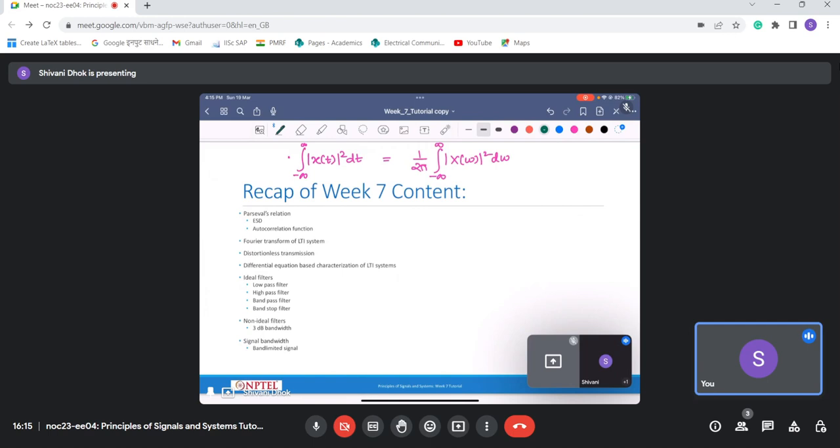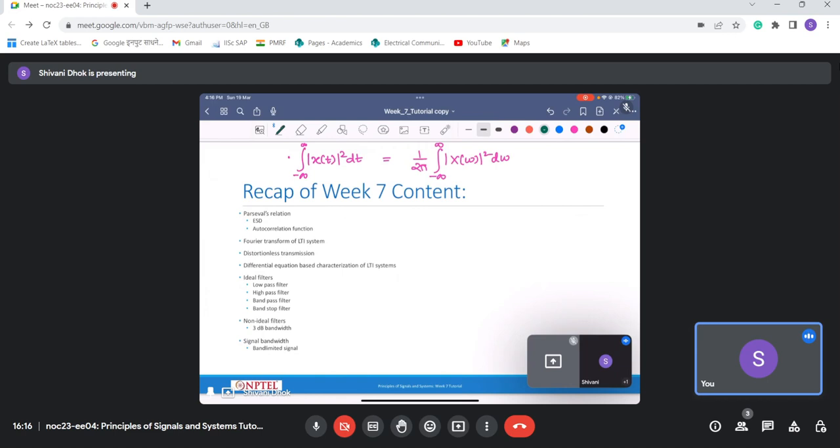This is known as Parseval's relation or Parseval's theorem, and it gives a very good relation between the energy in the frequency domain and the energy in the time domain. It basically says that if you change from one domain to another, the energy does not change. We'll see how this helps in analyzing signals in some examples.